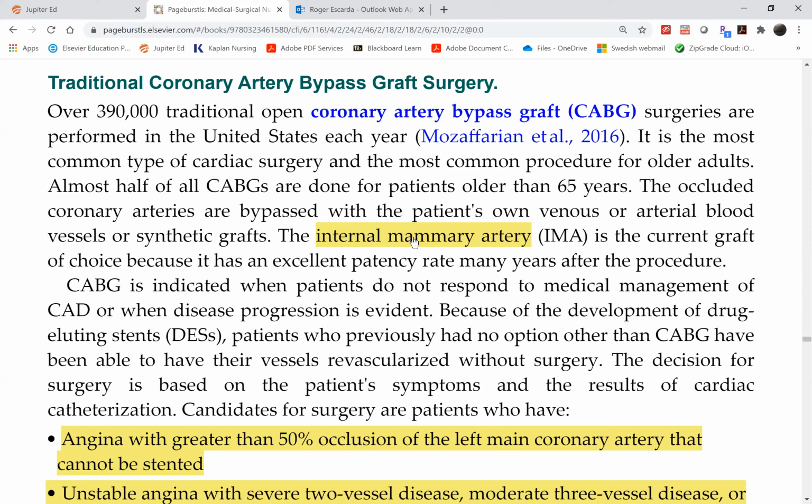So there's only one thing to do. Take it out of the breast, put it into the coronary vessel. As simple as that. So it's quicker to use, safer, less bloody, it lasts longer. Plus, again, it's an artery, so it resembles your coronary artery.